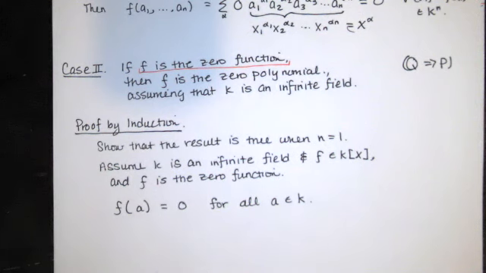Well, we know that if F of A is equal to 0 for all A in this infinite field, and A is not an n-tuple, it's just a single variable, then we know that F has to be the zero polynomial. It's going to have to be 0 all the time.